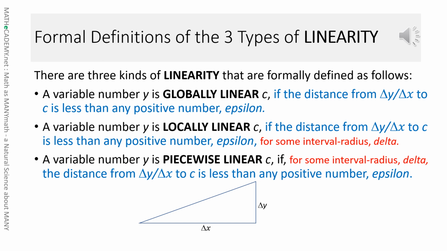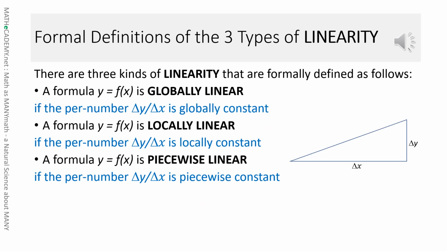A variable number y is locally linear, c, if the distance from delta y over delta x to c is less than any positive number, epsilon, for some interval radius, delta. A variable number y is piecewise linear, c, if, for some interval radius, delta, the distance from delta y over delta x to c is less than any positive number, epsilon.